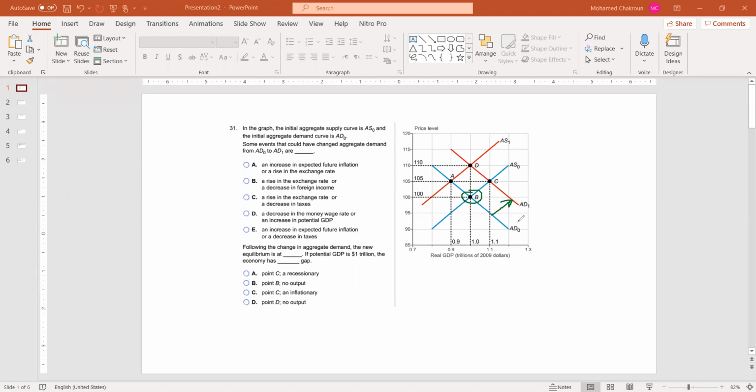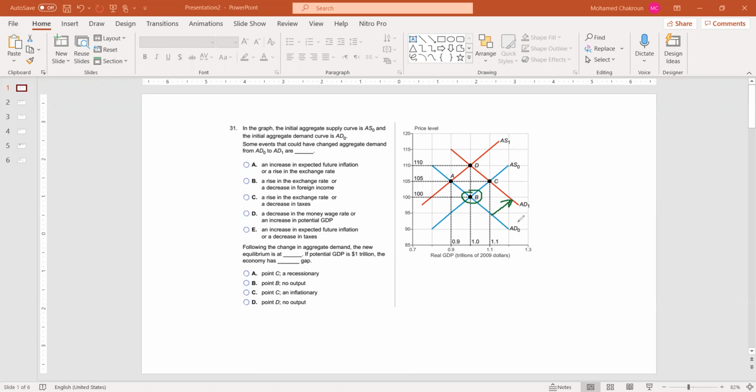You can check from your slides that when expected future inflation increases, people generally respond by increasing their present consumption, their present expenditure. So aggregate expenditure increases when expected future inflation increases.